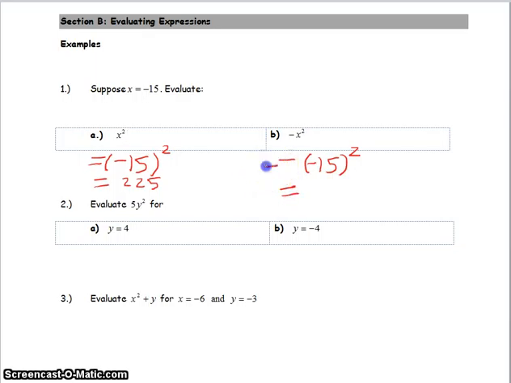Now, we need to do this here. We know parenthesis negative 15 squared is the same exact thing we have here. Parenthesis negative 15 squared gave us 225, but we have this negative here which we must bring down. So we bring down the negative sign, and we will have negative 225.